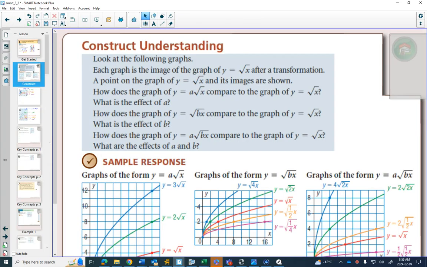Now the third one we're going to skip right now. It just does both together. The blue one, you would multiply your y by 4 and x by 1/2. Green would be y by 2, x by 1/2. Orange, y by 2, x by 2. Red one's the original, and the purple one, the y by half and the x by 2.